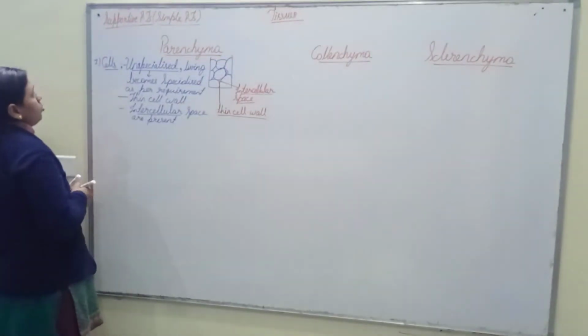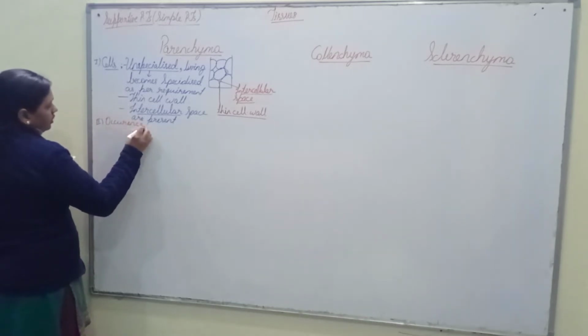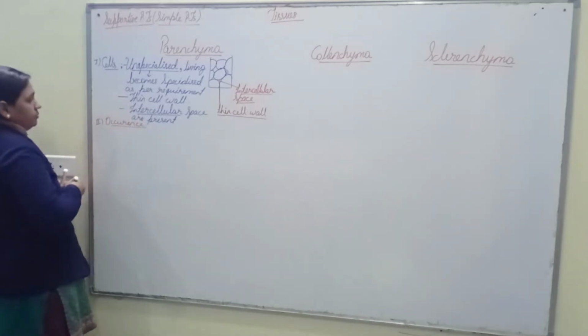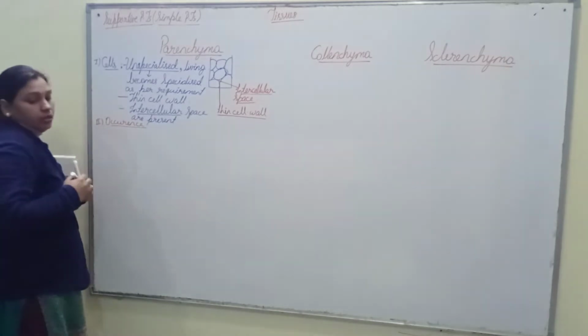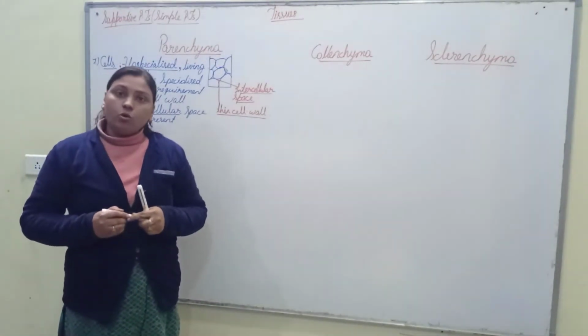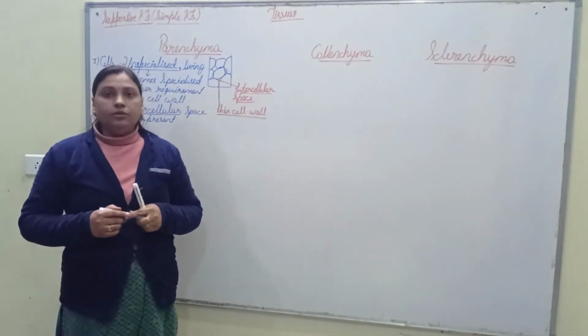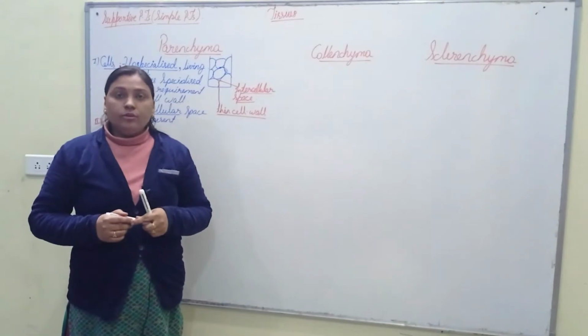Now if we talk about the occurrence of the parenchymatous cells, they are found in almost all parts of the plants, that are root, stem, leaf, flowers, fruits, everywhere.